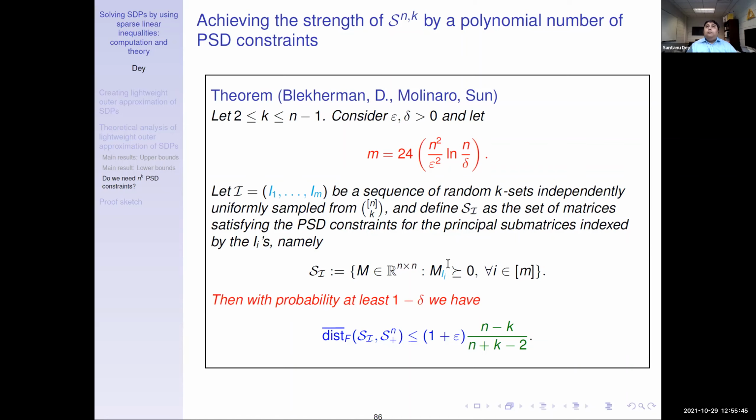Then you argue, with some simple algebra, that even when you take term by term averages of just this many guys, the averaged matrix looks very similar to the average if you took all the n choose k guys, within this error term. That's essentially the proof.